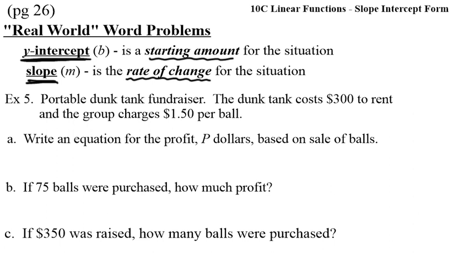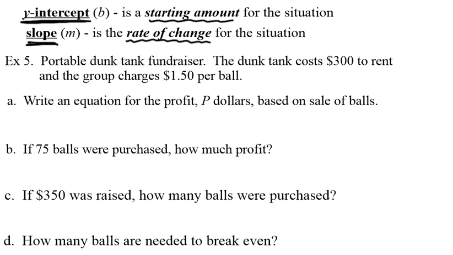So you can read example 5, but it comes down to they've rented a portable dunk tank as a fundraiser that costs $300, and the group charges $1.50 to buy a ball to throw and try to knock, as they said, your favorite math teacher into the water.